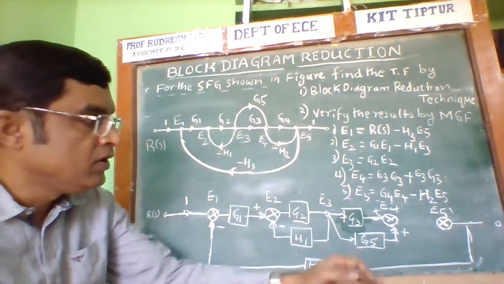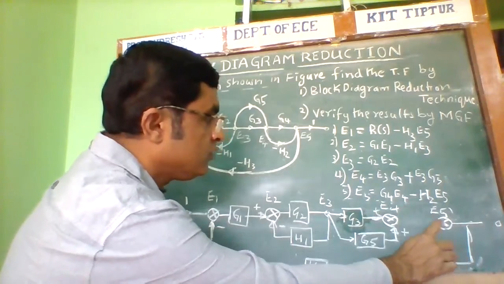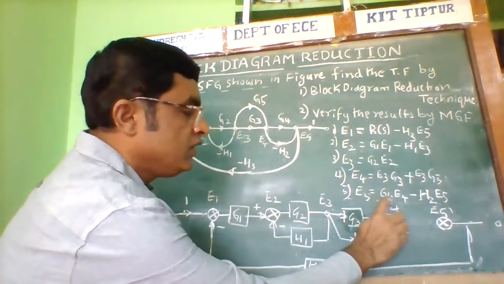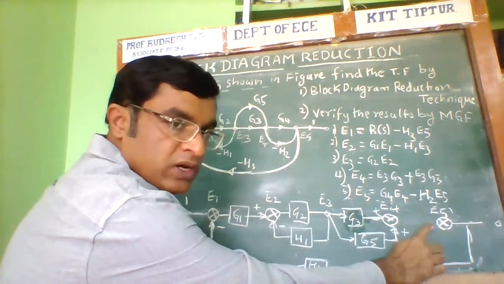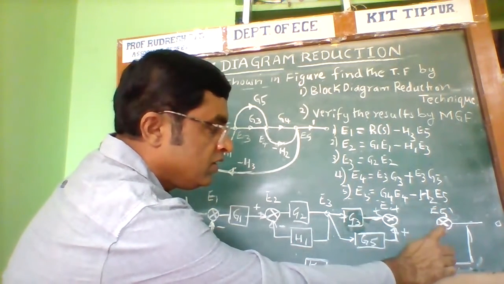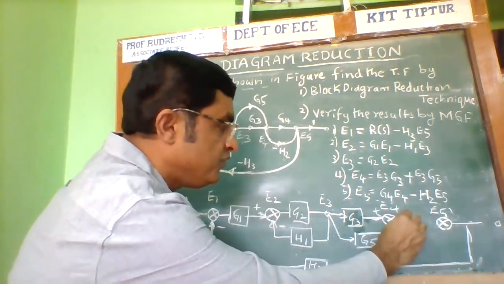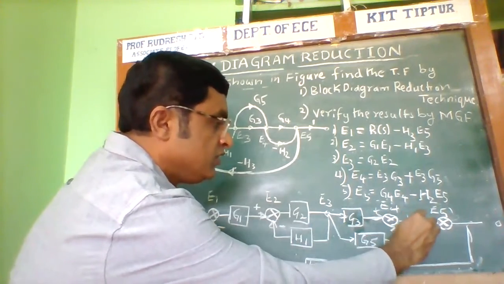Similarly, E5. What are the signals at E5? E5 represents the output signal at the node. Output signals are at the summing point. Therefore, E5 is equal to G4 into E4. E4 into G4 I should write here.